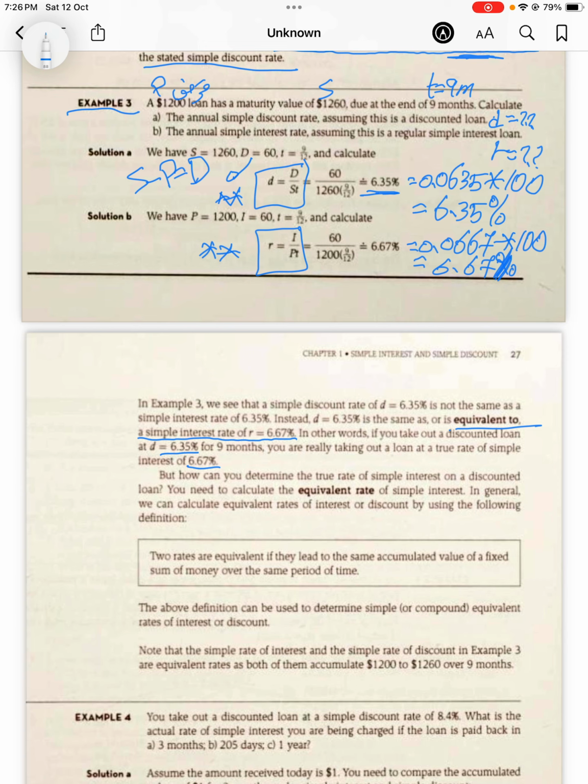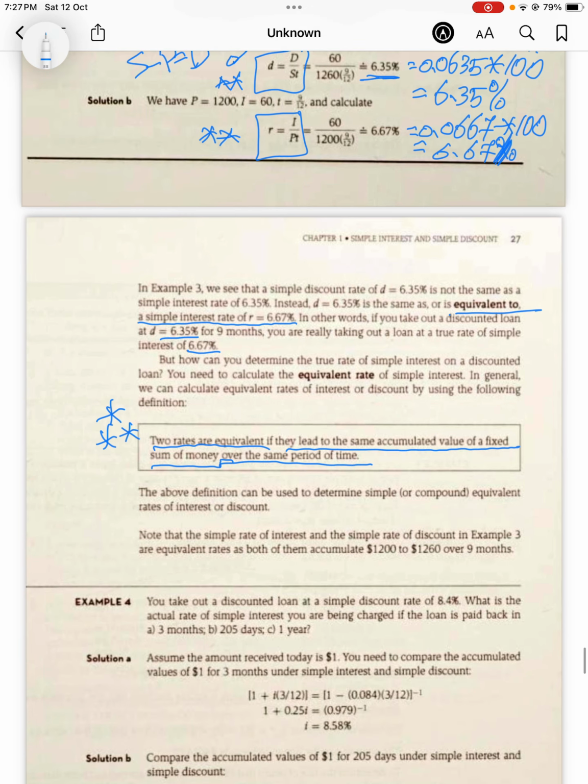In general, we can calculate the equivalent rate of interest or discount by using the following definition. Two rates are equivalent, this is a very important idea, if they lead to the same accumulated value of a fixed sum of money over the same period of time.